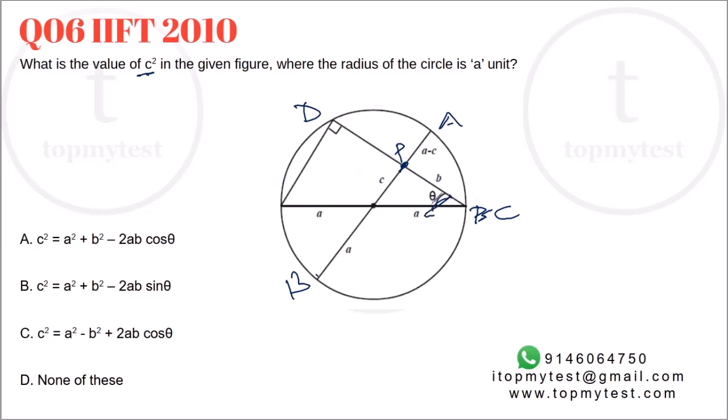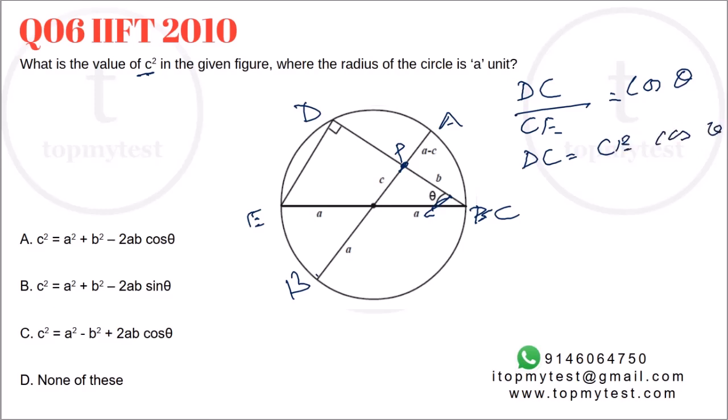This is theta, right? So I know dc by, let's call it e, dc by ce, ce is the hypotenuse, will be equal to adjacent by hypotenuse, so cos theta. So dc will be ce cos theta. Do we know ce? Ce is 2a.